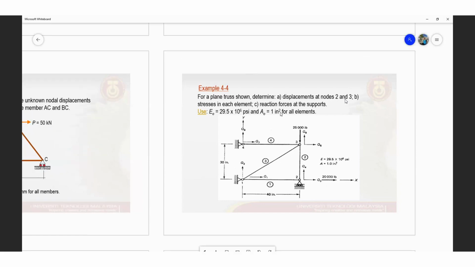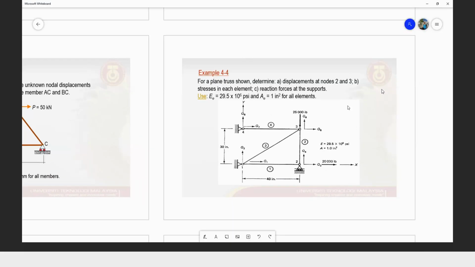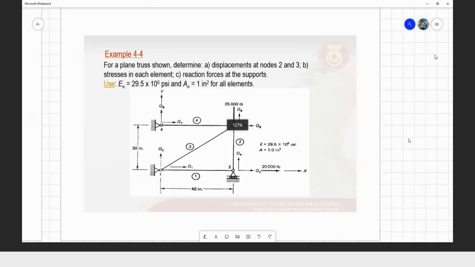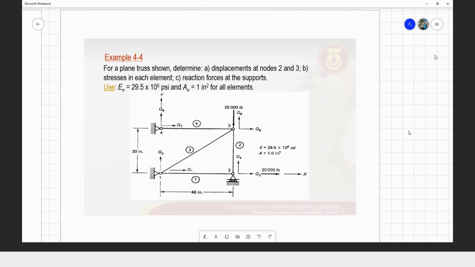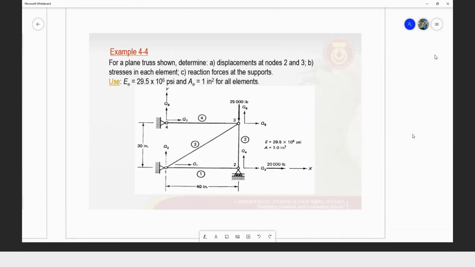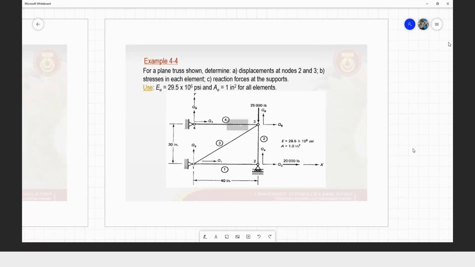So okay, I think we won't have time to show this one. So what I recommend is that you try to look at this example yourself first. Have a look first at how to solve these problems.